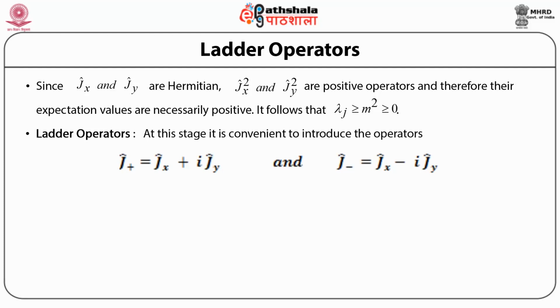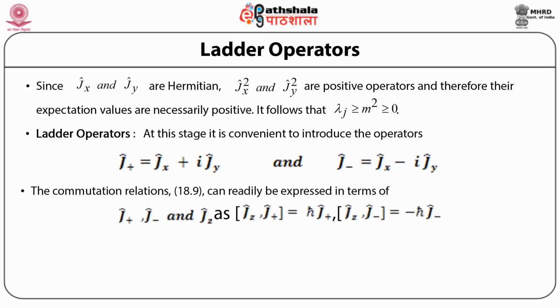At this stage, it is convenient to introduce the ladder operators given by operator J+ equal to operator Jx plus i times operator Jy, and operator J- equal to operator Jx minus i times operator Jy.